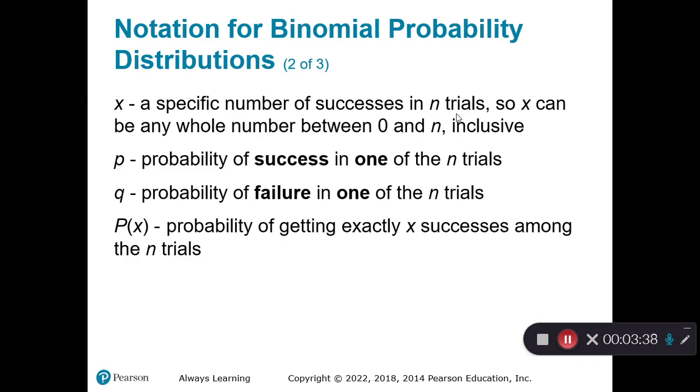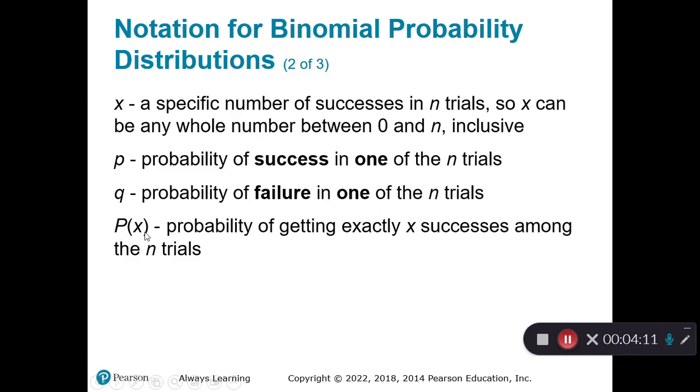It could be that among those 5 trials, we only had 1 success and 4 failures. So in this case, x would be 1 success exactly, and so on and so on. X has a maximum value in this example of 5, which would indicate that all 5 trials resulted in successes. P is the probability of success in one of those n trials. Q is the probability of failure for any one of those n trials.